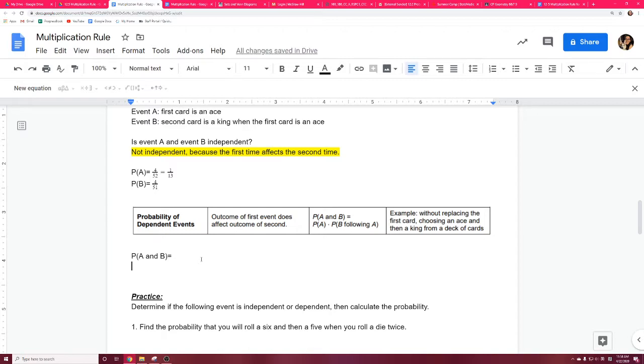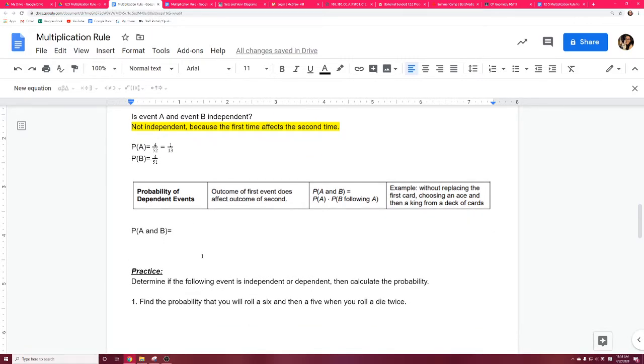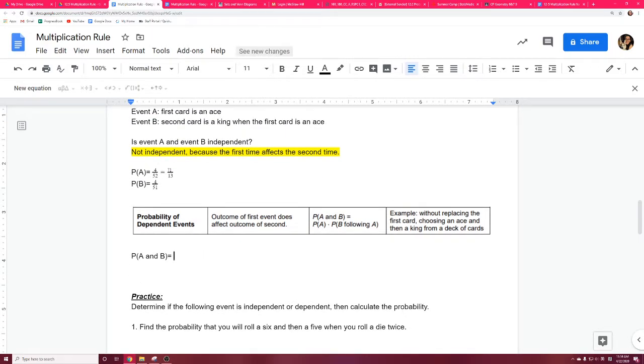So this time, for the probability of A and B, we also use the multiplication rule. We multiply them together. The only thing is event A is still event A, but the second part will be B happening when A happened already.